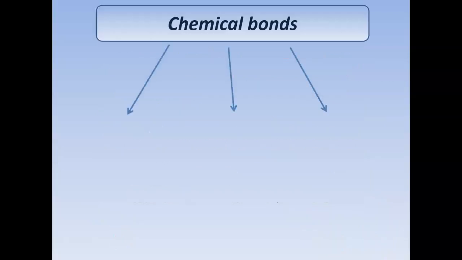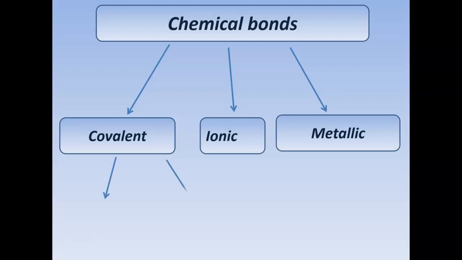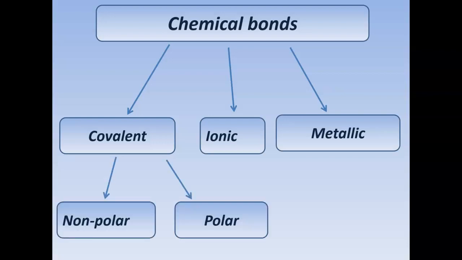So there are different types of chemical bonds around us. Today we're going to talk about the ionic chemical bond, but there are others. Covalent chemical bonds can be non-polar or polar, and we're going to talk about these types of bond next time.